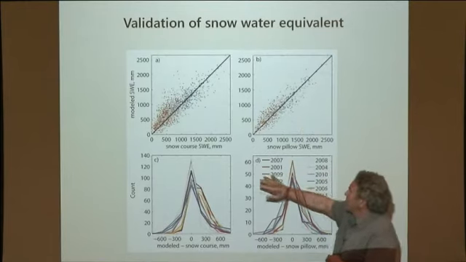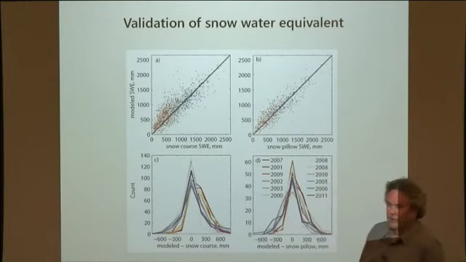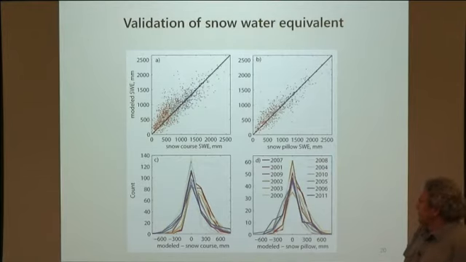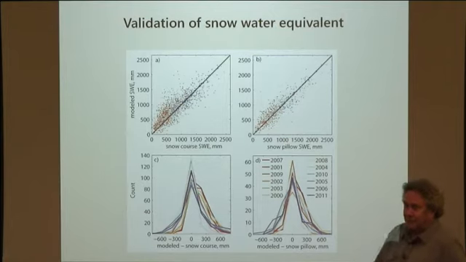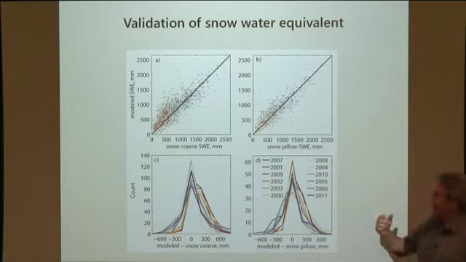One is from the snow pillows that I showed you. And the other is, there's also measurements from snow courses. That is because they started trying to do this snowmelt runoff forecasting in 1910, before you could operate something electronically out in the wilderness and transmit it back to anywhere.